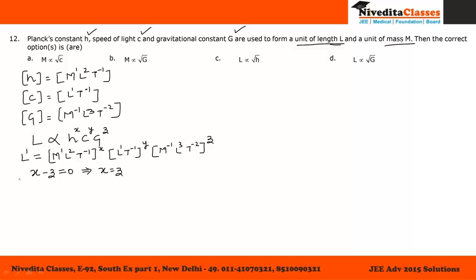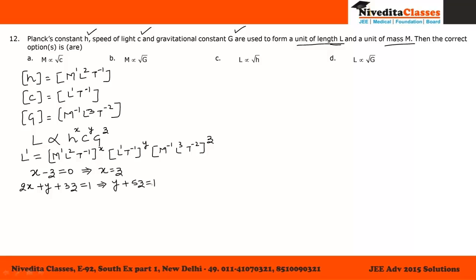Okay, so now let's equate the powers of L on both sides. We will have 2x plus y plus 3z equal to 1. As we know that x is equal to z, from here we can say that y plus 5z is equal to 1.